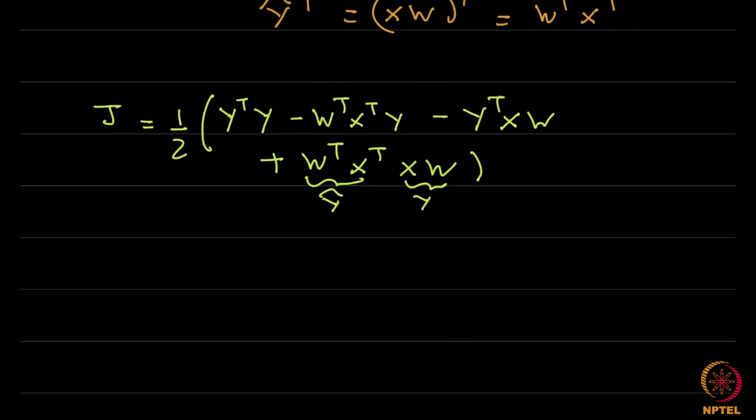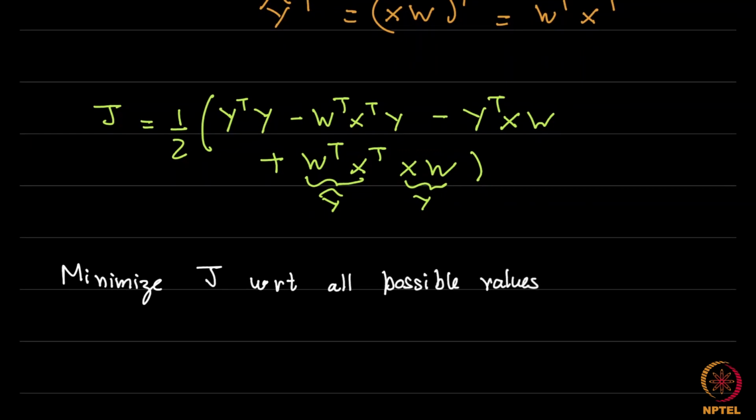So what we wish to minimize, the minimization problem, is minimize J with respect to all possible values of W. Now remember, J is a scalar, so it is only one function which we are minimizing, but W is a vector.